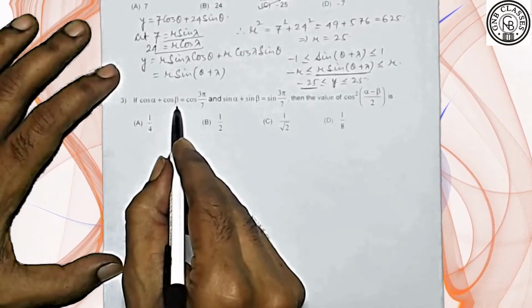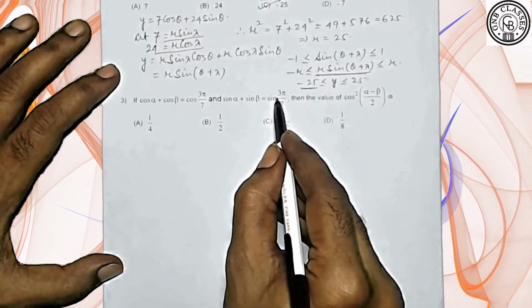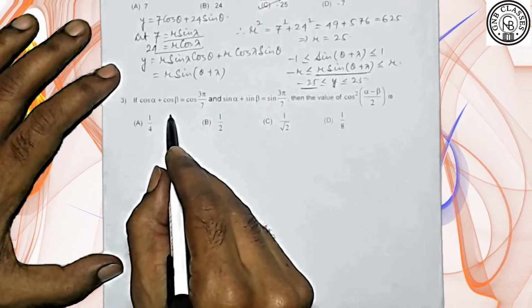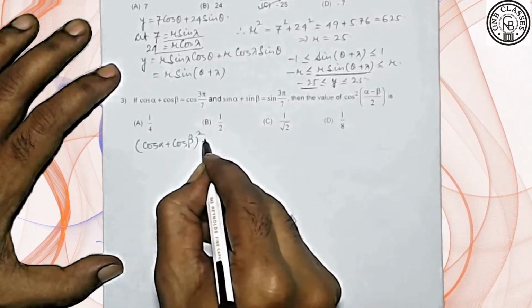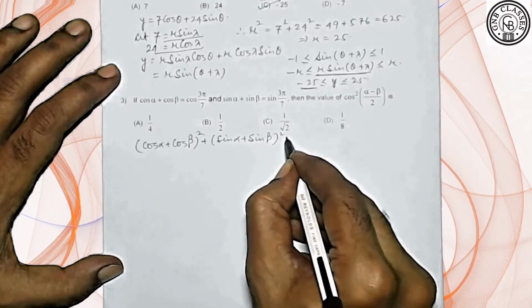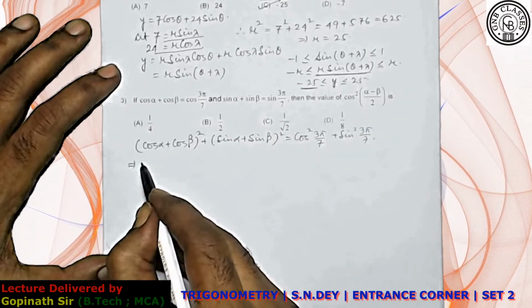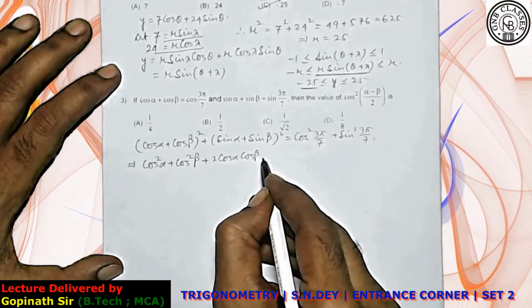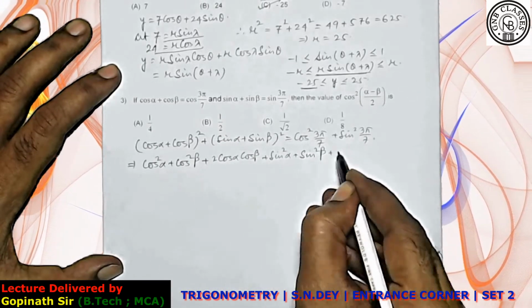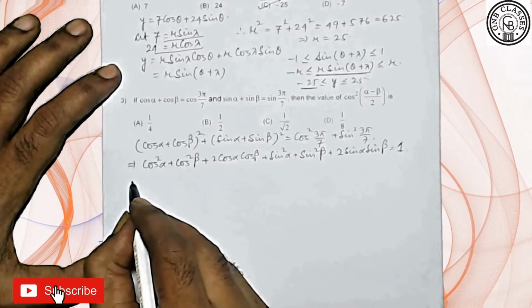Here, cos alpha plus cos beta is cos 3 pi by 7 and sin alpha plus sin beta is sin 3 pi by 7. So, squaring and adding the corresponding sides we are having, now, if we open the bracket by using the formula a plus b whole square, and in the right hand side we are going to have 1.